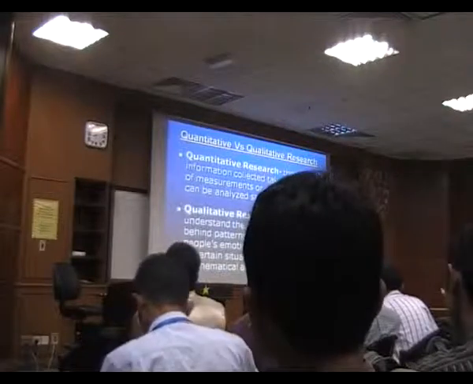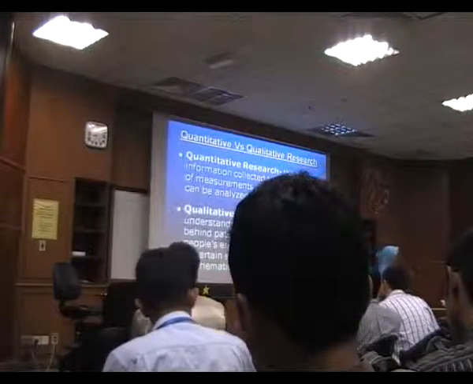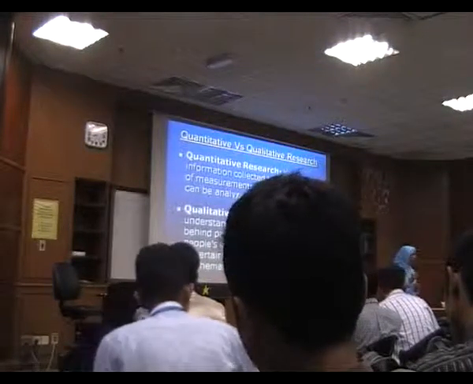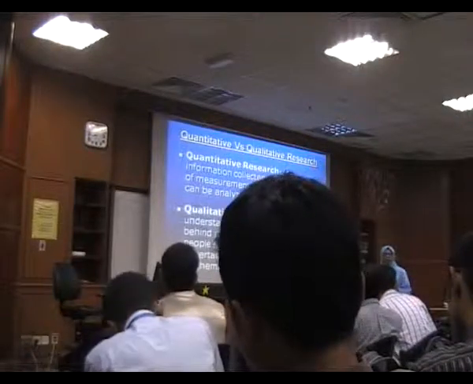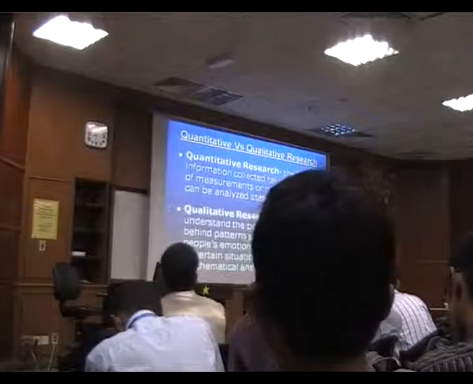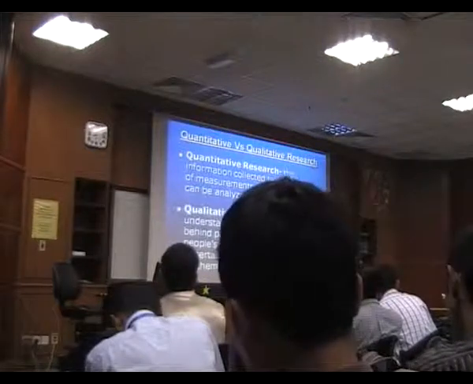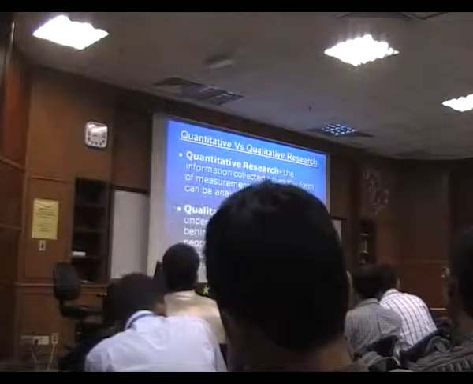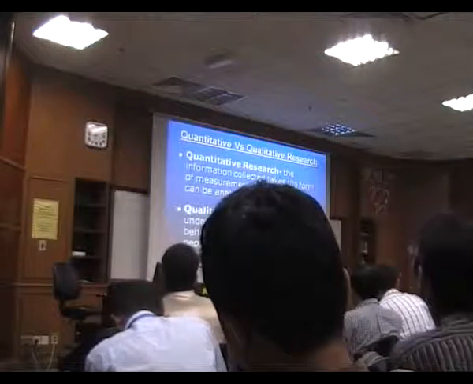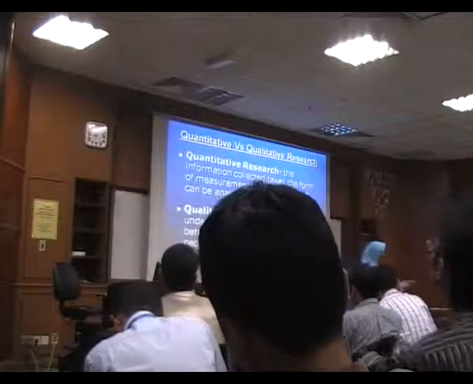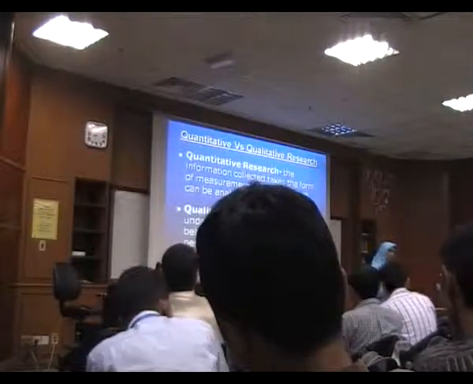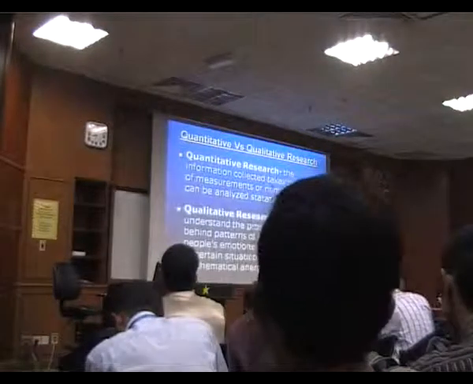It is always related to the number. And we always need to take help of some statistical procedure to analyze our data. You have the data, you just calculate it? No. We have to follow some procedure.